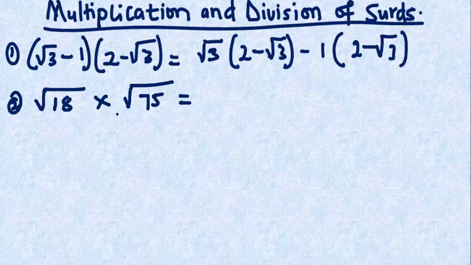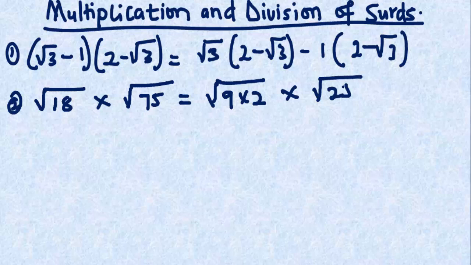You can also reduce them. We know that 18 will be 9 times 2, multiplied by 75 will be 25 multiplied by 3.